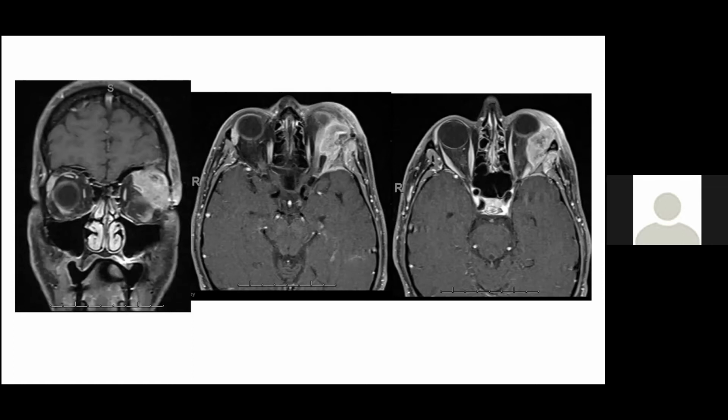Yeah, exactly. So with the orbital component, is it intraconal or extraconal? I would say intraconal. Okay. Yeah, I guess it's kind of encroaching. I think it's primarily extra, kind of pushing inwards on the rectus muscle.